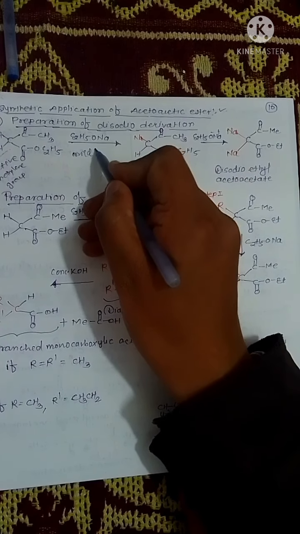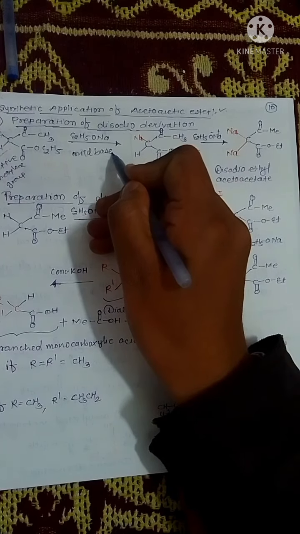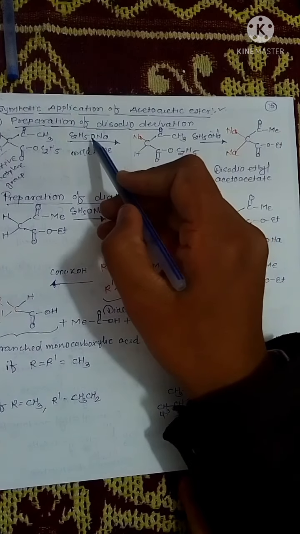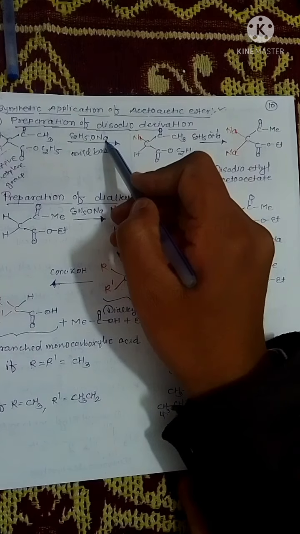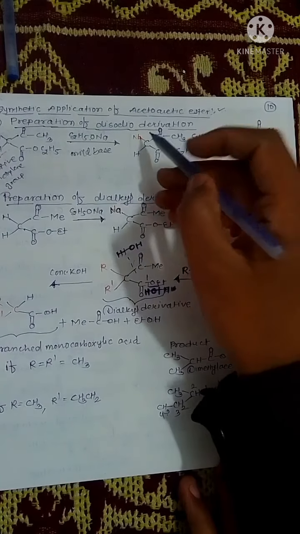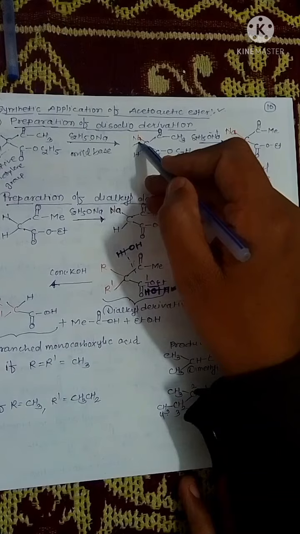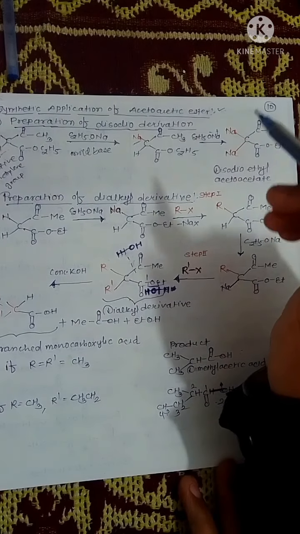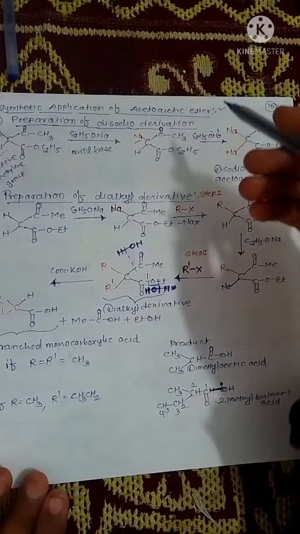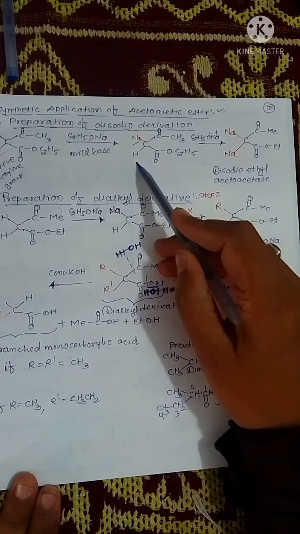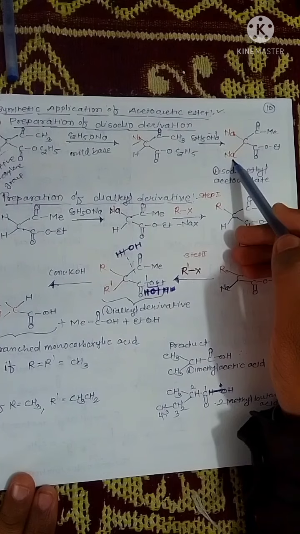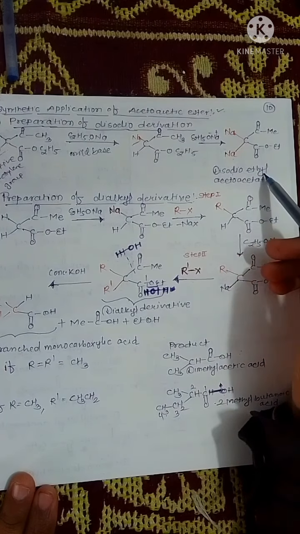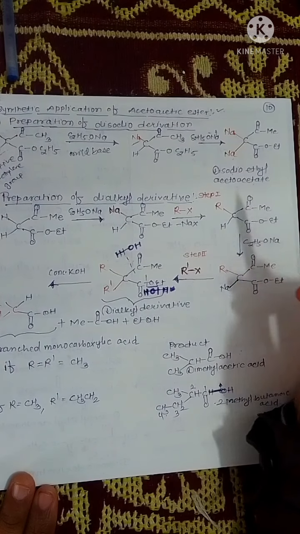One of the hydrogens goes off. So if we take the mild base C2H5ONa, that is sodium ethoxide, one of the hydrogens is replaced by sodium, that is Na. If we add sodium ethoxide again, the second hydrogen can also be replaced with sodium. So it is disodio-ethyl acetoacetate.